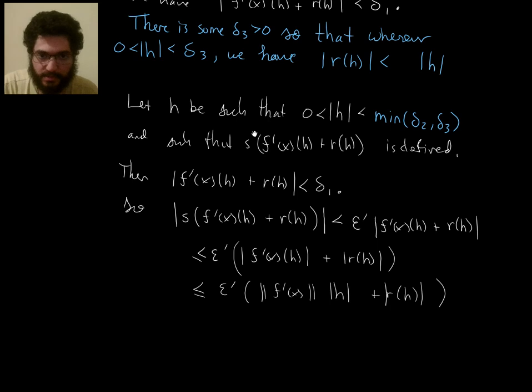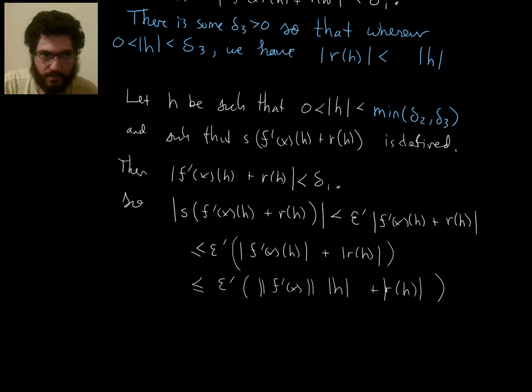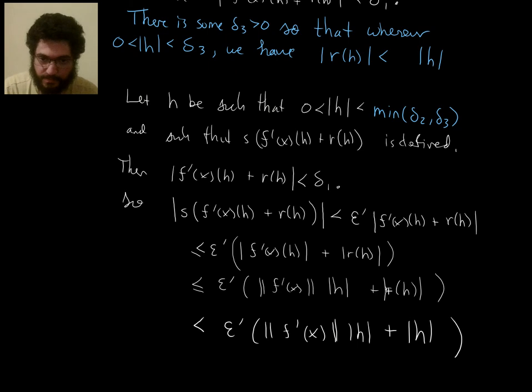All right, so now all this stuff still works like before. However, I can now go here and say this is less than, plus norm h. So I've got norm of R of h is less than norm of h. Okay, now I can pull out the h. So this is epsilon prime.